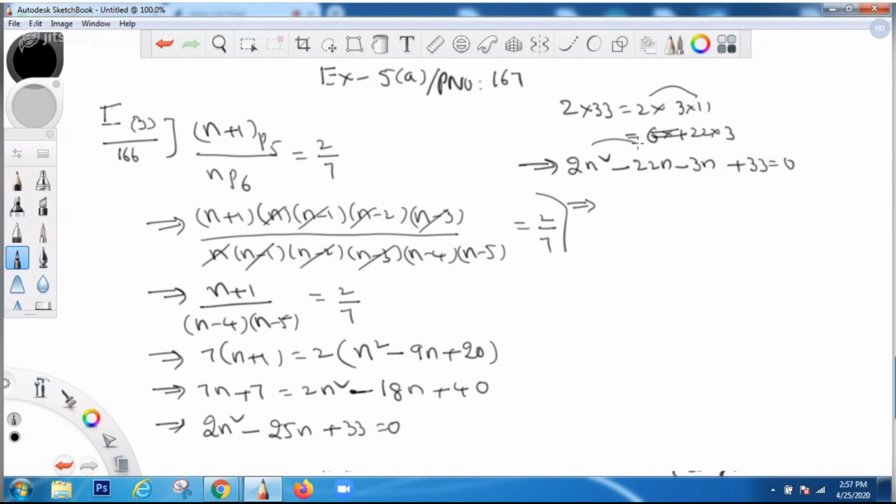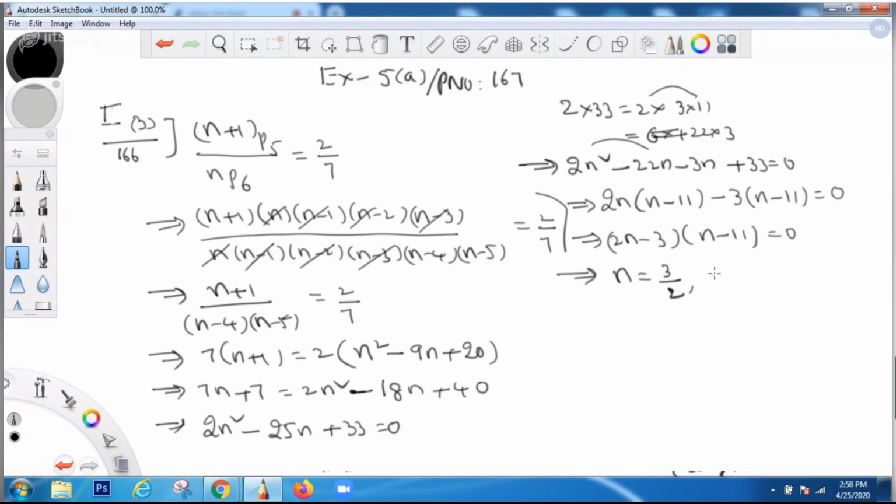Now common between these two: 2n is common, so 2n (n minus 11), minus 3 (n minus 11), equals 0. This implies (2n minus 3) into (n minus 11) is equal to 0. So n is equal to 3 by 2 and n is equal to 11.